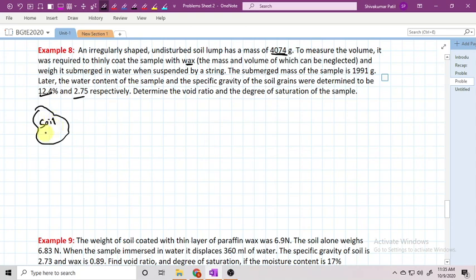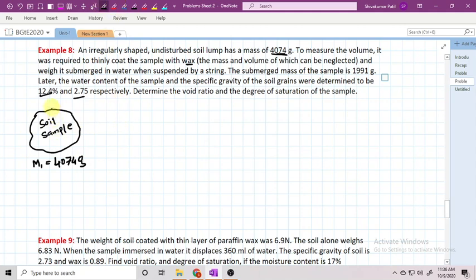Its mass is M1 equal to 4074 grams. To measure its volume, they will apply some wax around this soil sample.